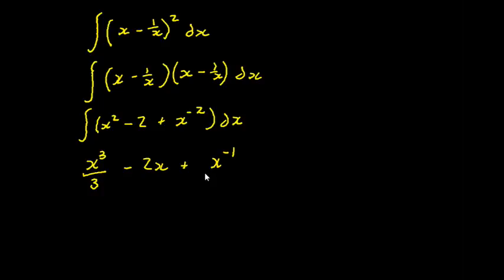So then I would divide by minus 1. Again, plus c, then just simplify it up a little bit. And that minus 1 just means it's on the bottom. And a minus just means I take away that. So that's the answer.